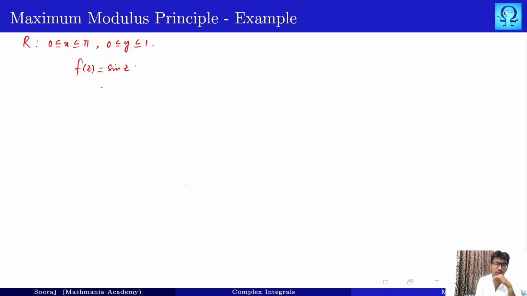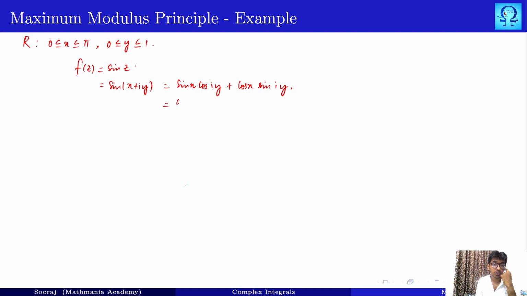So when you try to segregate the real and imaginary parts, you can very well see sin z is sin x cosh y plus i times cos x sinh y.